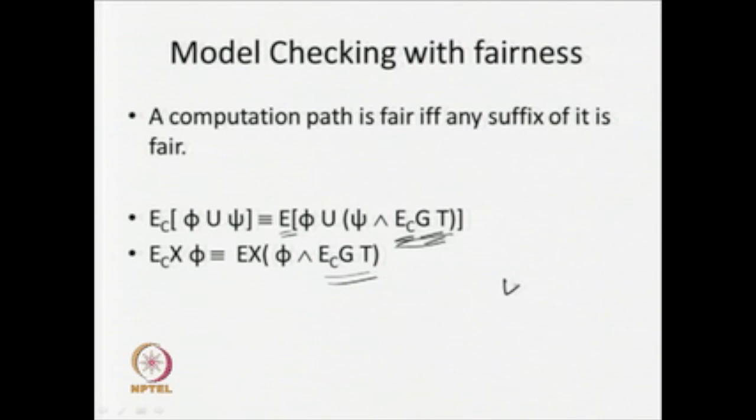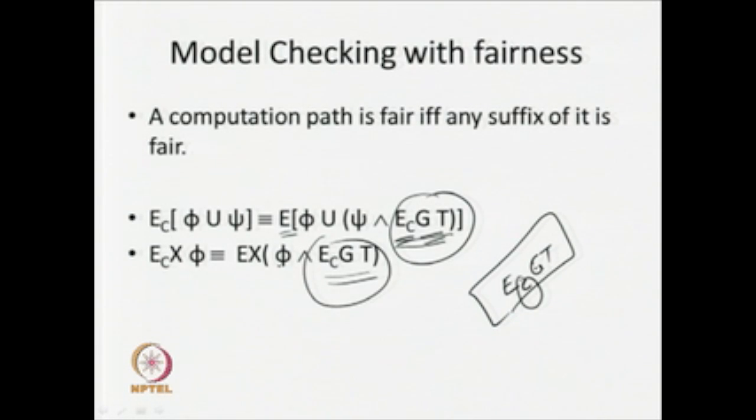So, EC G T basically talks about the fair path, that means the path where this particular fairness constraint C is true. So, you just see that the EC until operator and EC X, that means there exists a path with fairness constraint until and there exists a path with fairness constraint next step, these two can be represented with the help of EC G T.